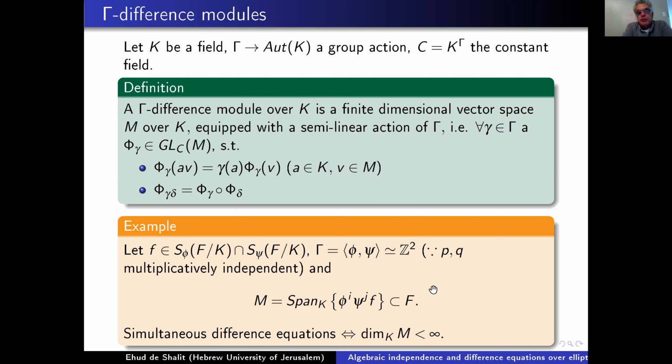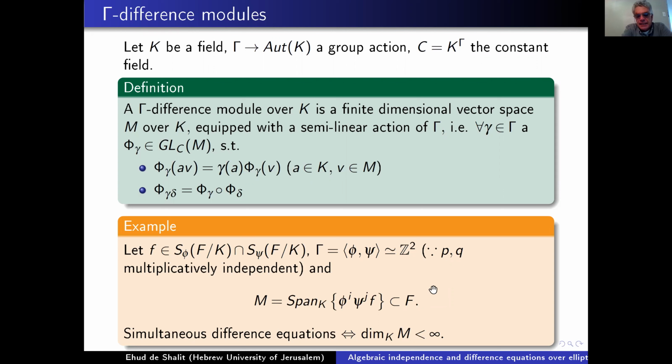Suppose we are in this situation. Remember, in this definition, the field F doesn't show up. It's just a notion of a gamma difference module over K, over the global field. But suppose I take now F, a power series in this much larger field, where still gamma acts on X. The condition, by the way, that P and Q are multiplicatively independent is exactly the condition that gamma is just a free abelian group of rank 2.